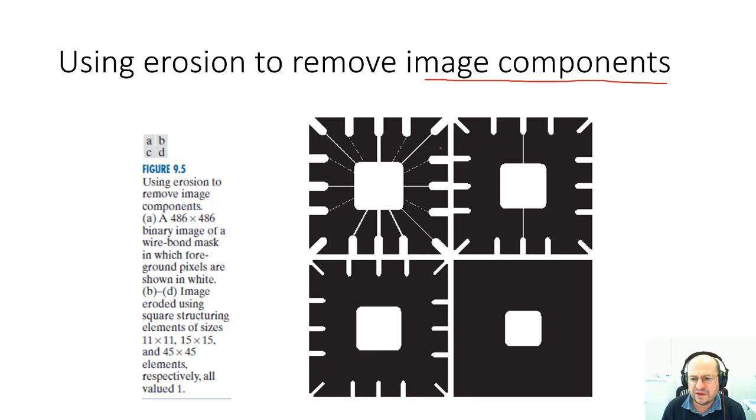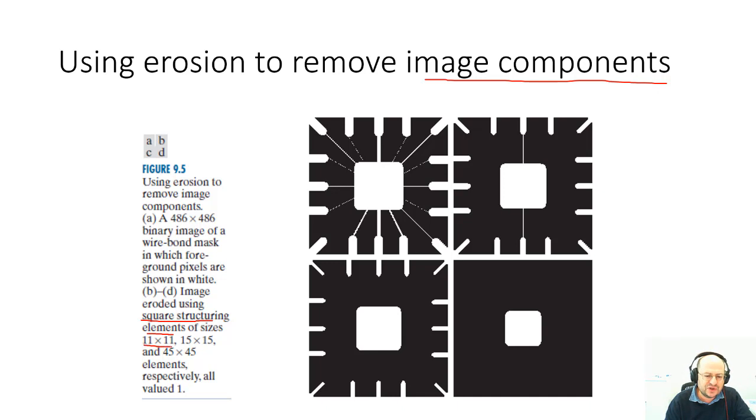So I just pass erosion with an appropriate structuring element to get these results. Now it depends on the size of the structuring element. In this case, they use a square structuring element like the one you've seen in the first example.